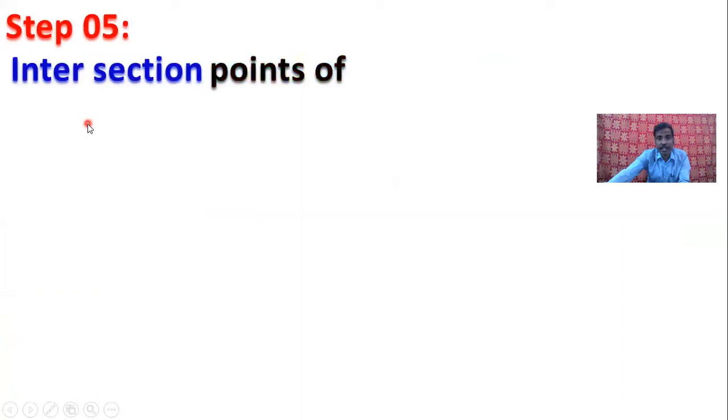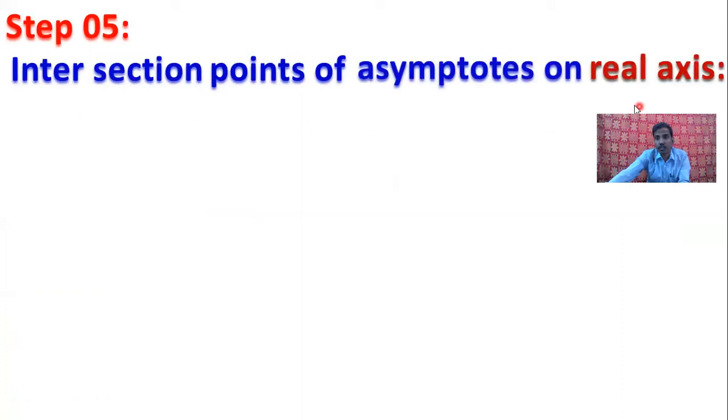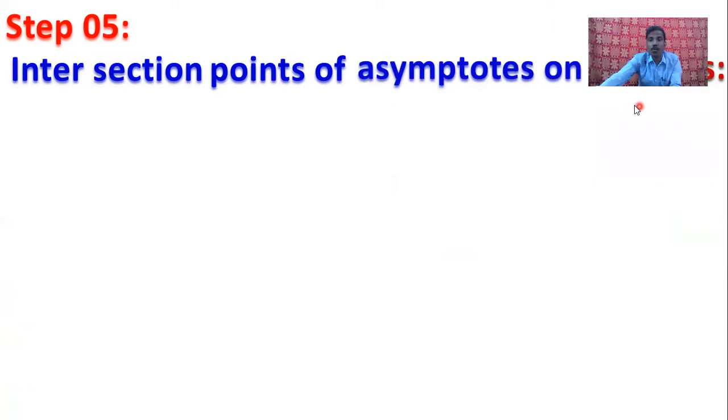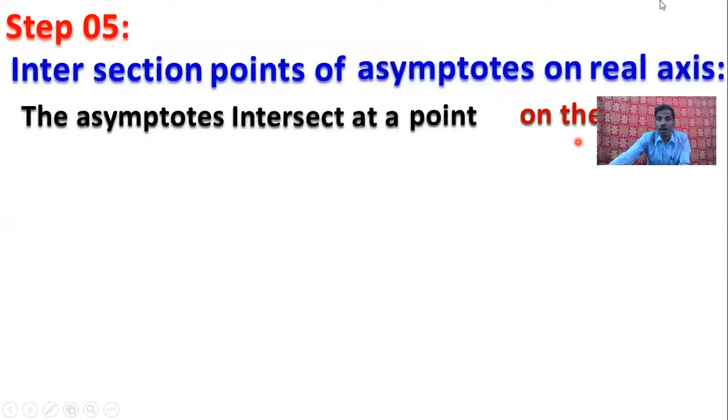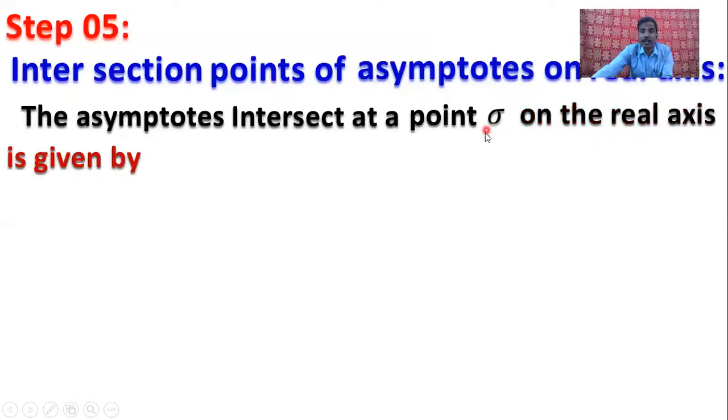Then the intersection point of asymptotes on the real axis. This is also very important for root locus construction. The asymptotes intersect at a point on the real axis, sigma.